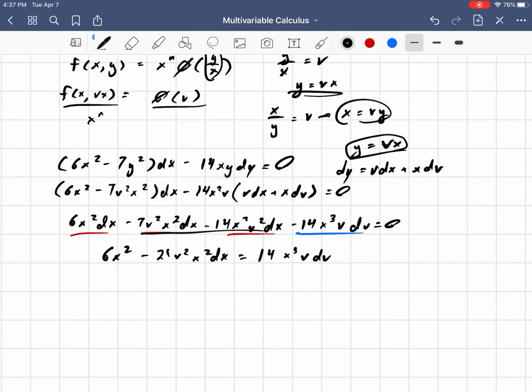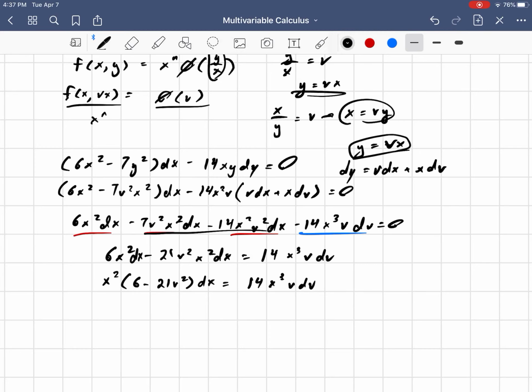Hopefully you can see that this is separable already, but oh, I forgot the dx here. But let's mess around with it some. So I can factor out an x squared and a dx, so that's x squared times 6 minus 21v squared dx is equal to 14x cubed v dv.